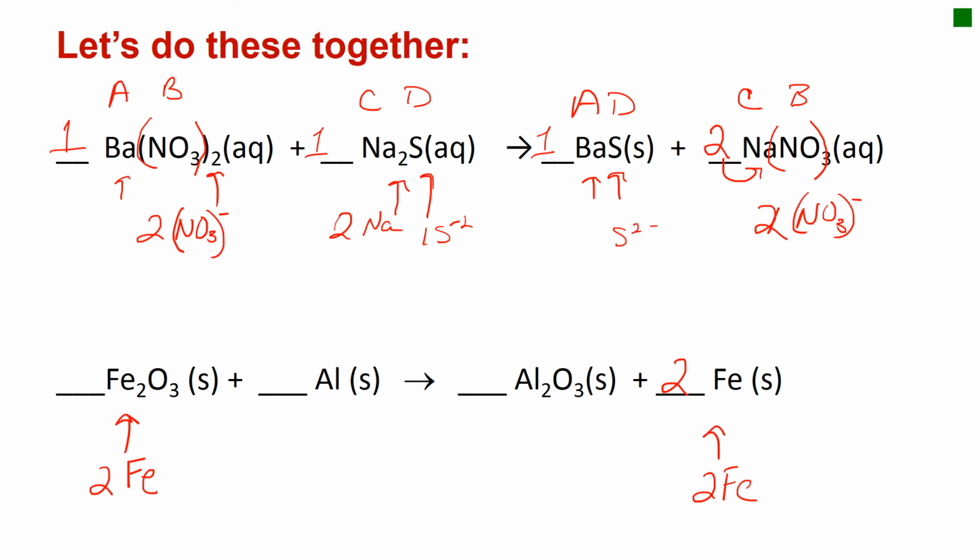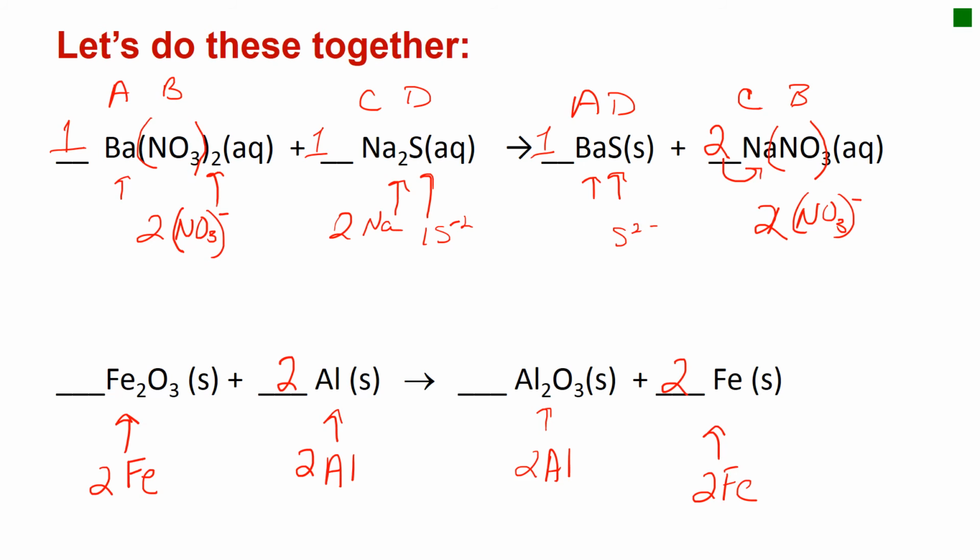And remember, I like to do oxygen last. So I'm going to do oxygen in a minute. I have 1 aluminum on the reactant side, but I have 2 aluminums on the product side. So I'm going to put a 2 in front of the aluminums to get the 2 aluminums. So far, so good.